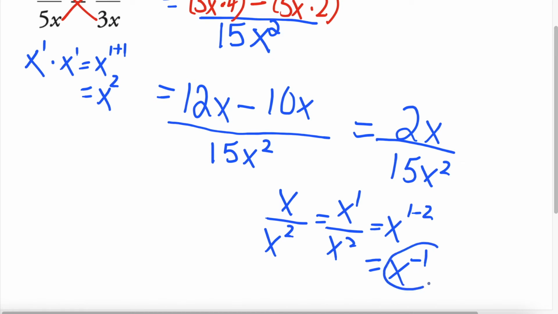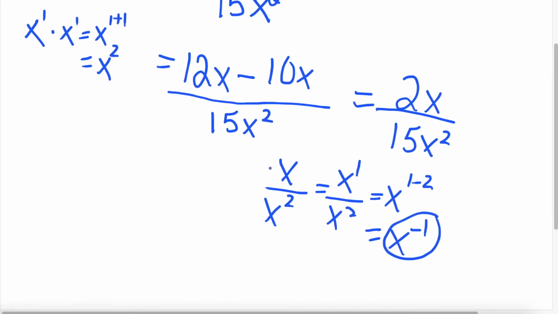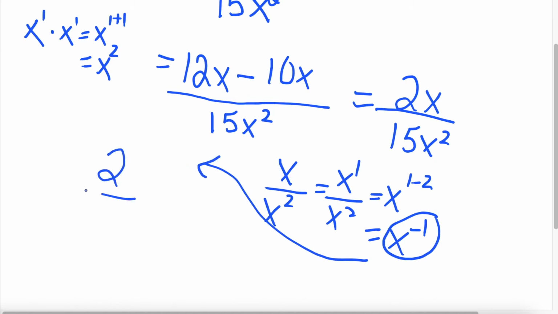And we know that if it's negative 1, all that means is that there's an x in the denominator. So ultimately, what this results in is just 2 over 15x, right? Because the x cancels out, so this cancels out with that, right? And the 2 stays, so it's just 2 over 15x, because we have x to the negative 1.